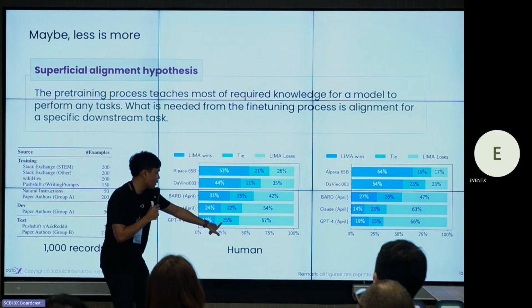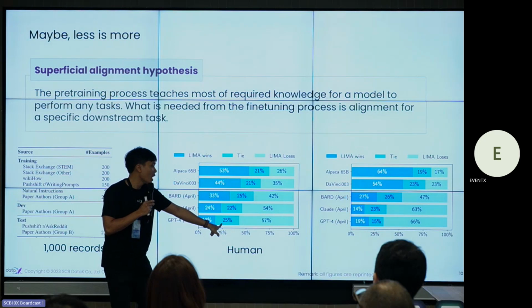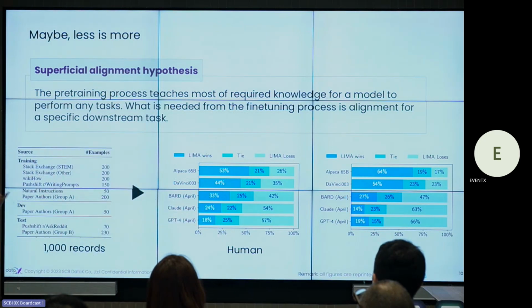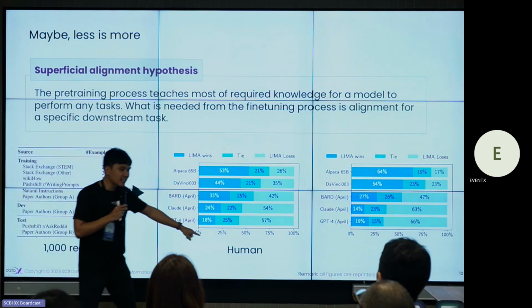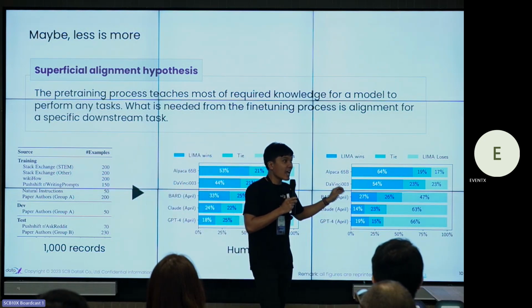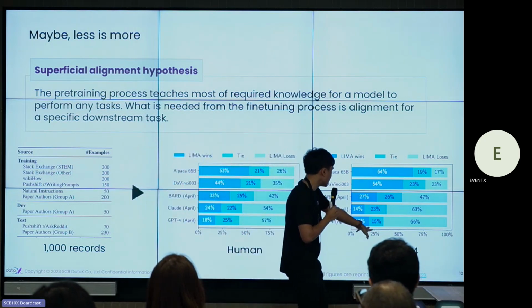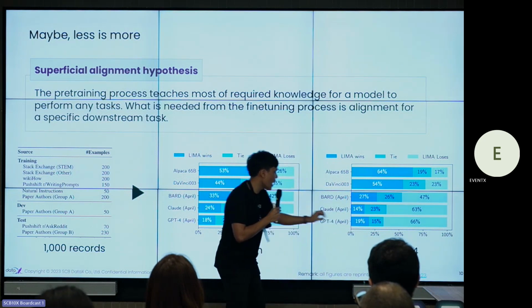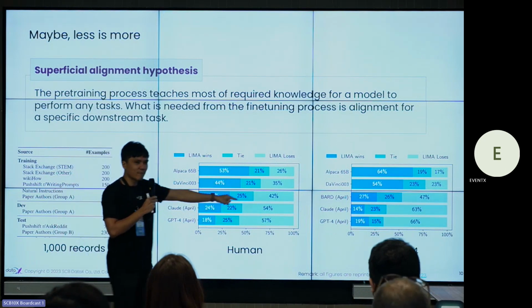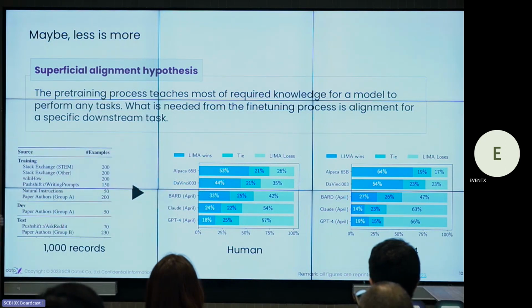With GPT-4 as a judge, LIMA can gain a share of up to 34%. So as you can see, the technique is not that bad.